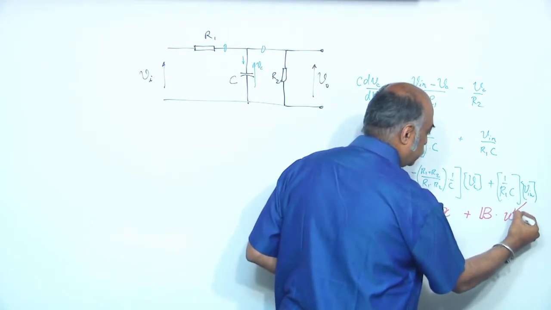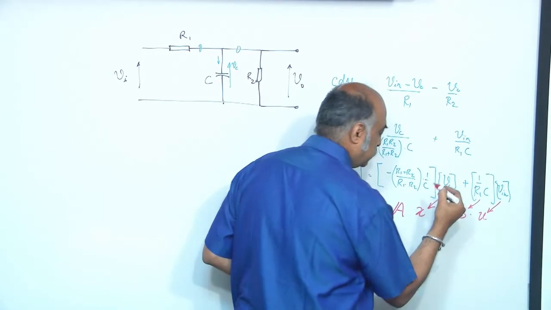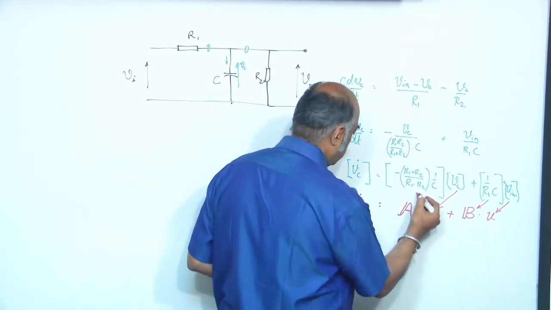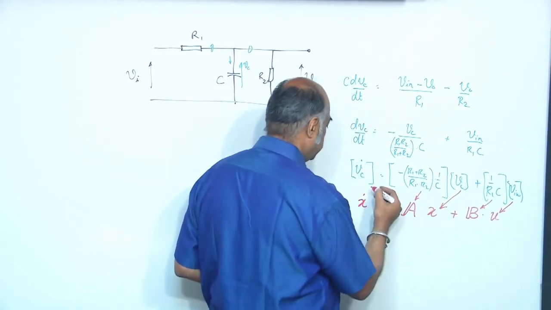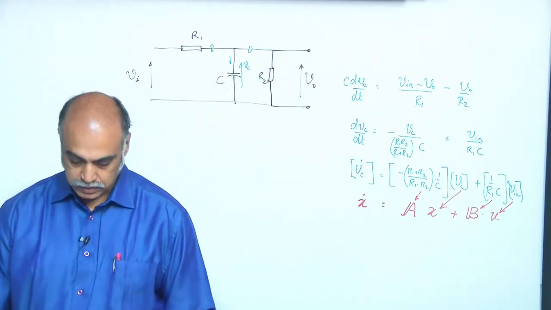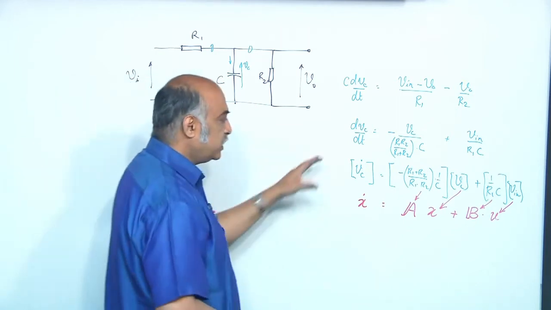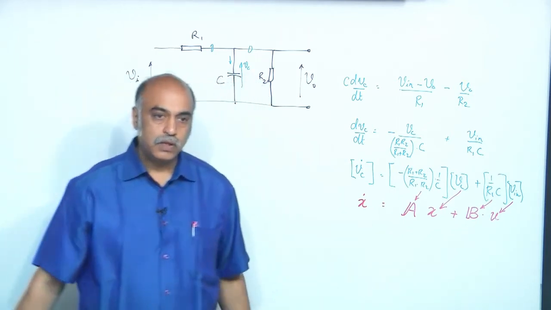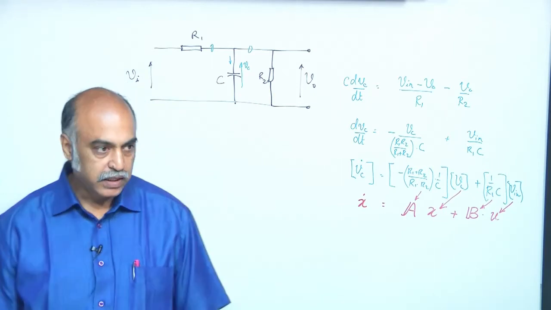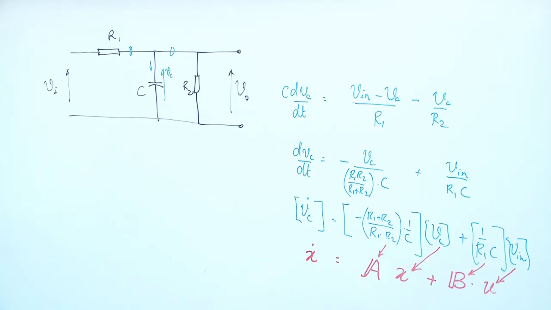U is the input, this is the B matrix, this is the state vector, this is the parameter matrix, and this of course is the differential of the state vector. So, everything can be reduced to this form called the state equation. That is basically what you would do in the normal traditional method.